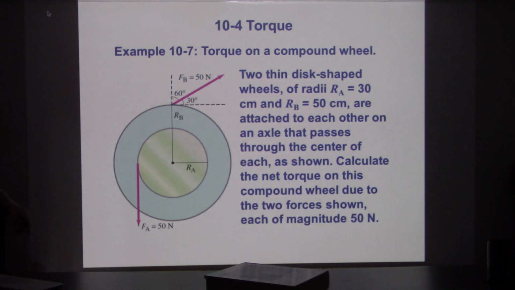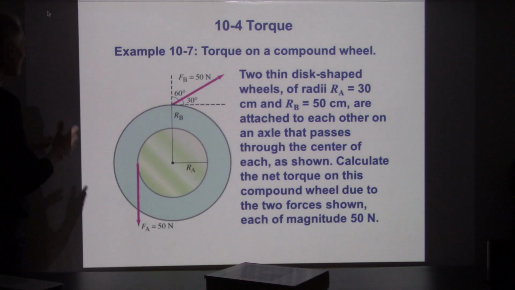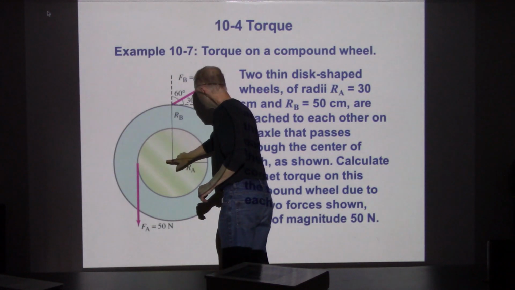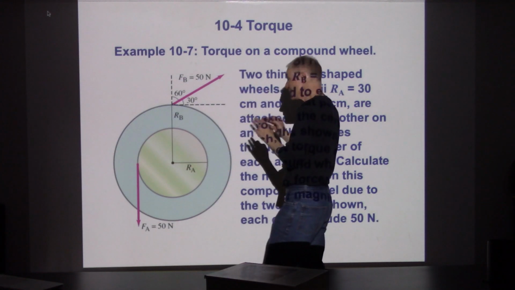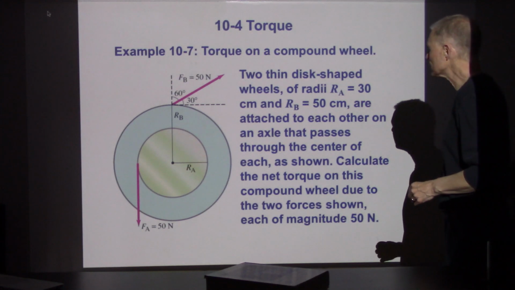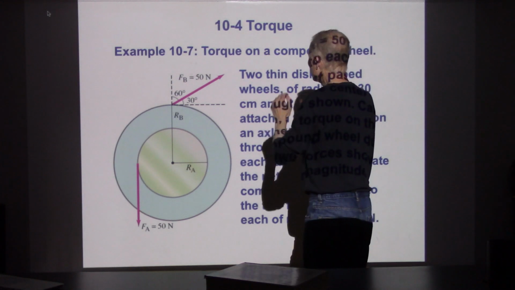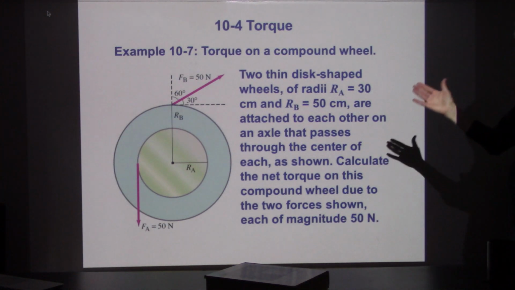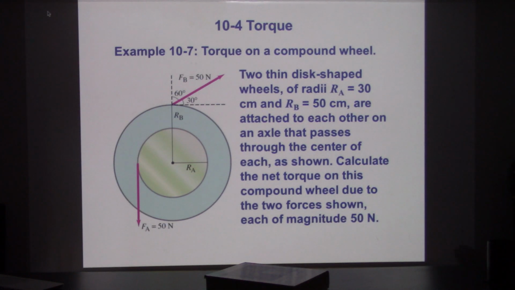Let's try this out. So we have a cylinder here. We have a compound wheel, and here is the axis of rotation. The axis of rotation for this is right at the center, and this wheel is able to rotate around that axis. Now, the wheel is a compound wheel. It has 2 different regions with different diameters that have been, I don't know, welded together or something.